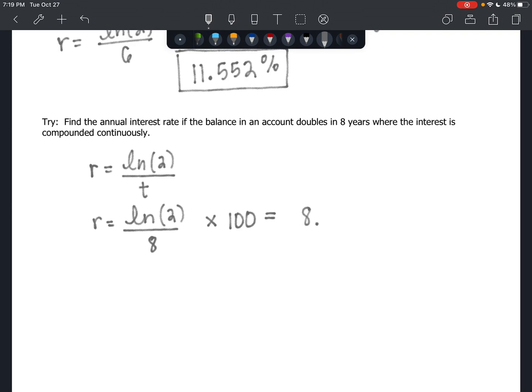And I'm going to round to 3 decimal places, and that's what I get for an answer. Hopefully that is what you got for an answer. And we can move on to our last example.